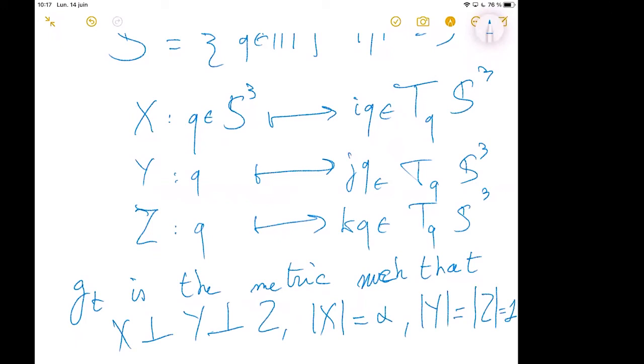So using just the usual computations on quaternions, you can compute their Lie brackets. Once you have their Lie brackets and their norms, you can compute the curvature. There are several ways to do that. You can compute the Levi-Civita connection from the Lie brackets and those norms. This is not too complicated, maybe a bit messy.